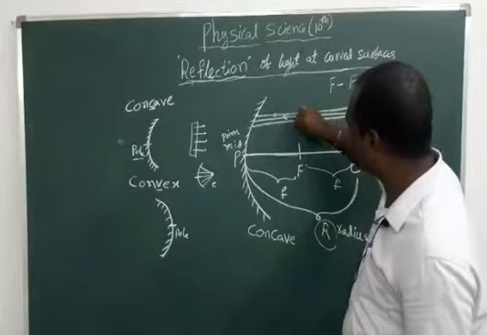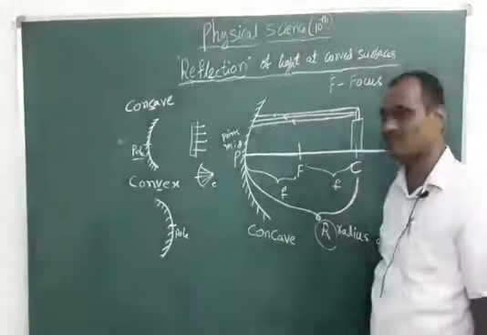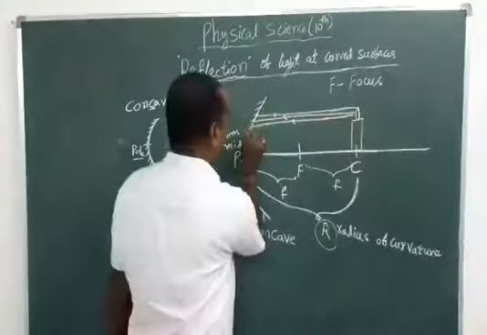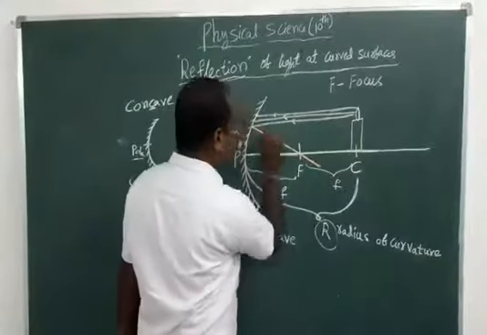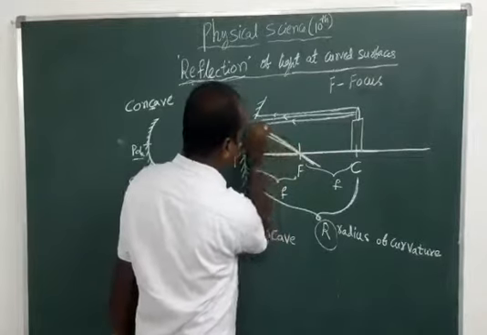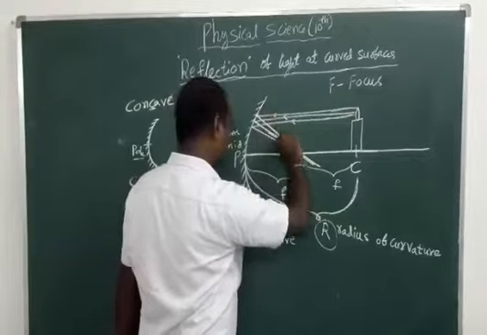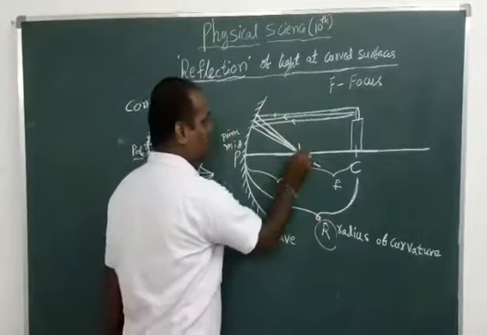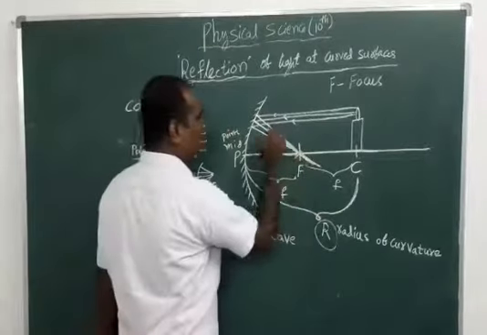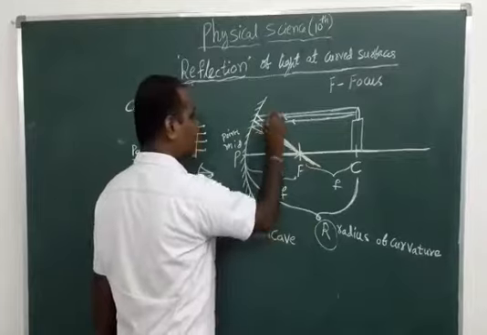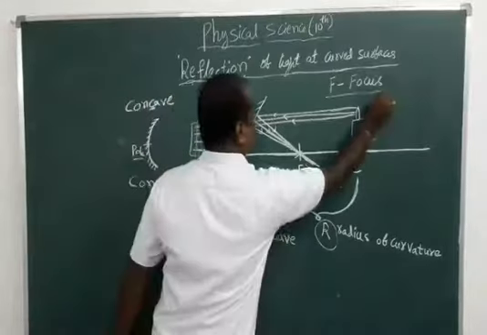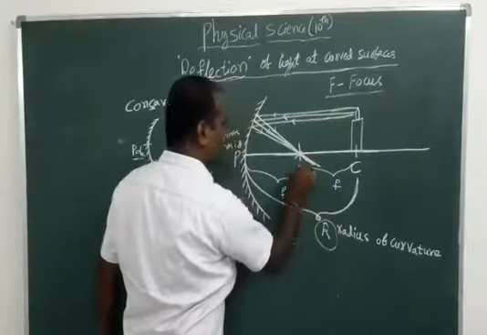You already know, we discussed in the previous class. These light rays are reflected back. When they are reflecting, all the light rays pass through a particular point. These reflected light rays pass through a point compulsorily. This point where the reflected light rays meet is called the focus, and it is denoted by capital F.